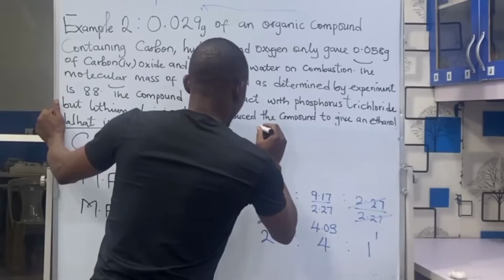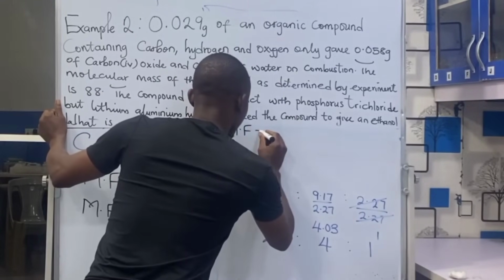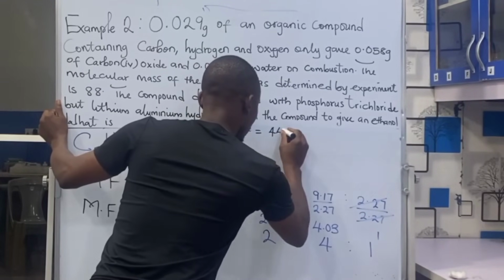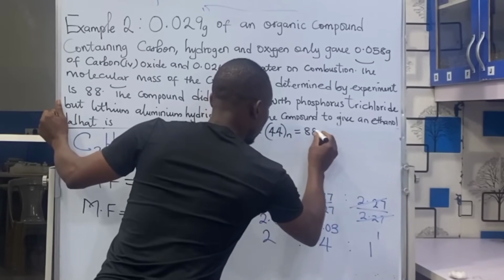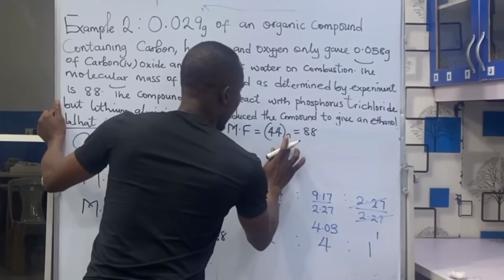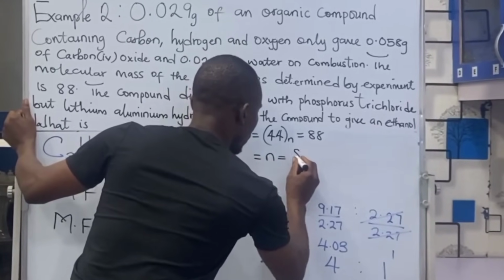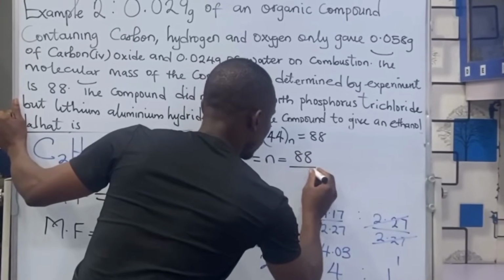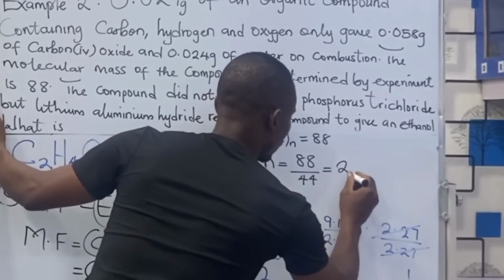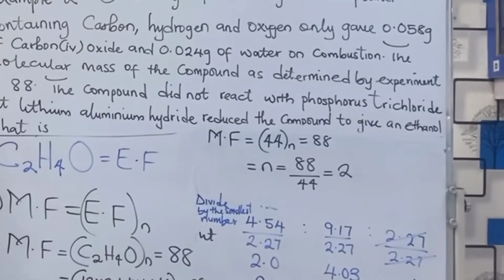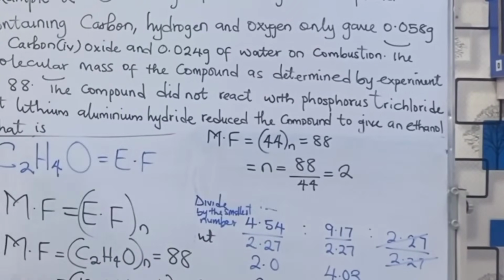So we have that N.F. will be equal to 44 bracket n equals 88. Making n the subject, n will be equal to 88 divided by 44, and that will give us 2. So our n is equal to 2.